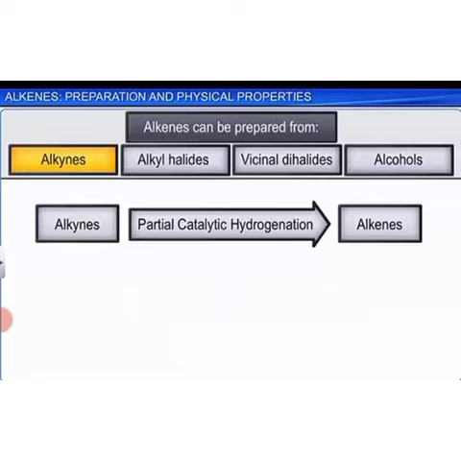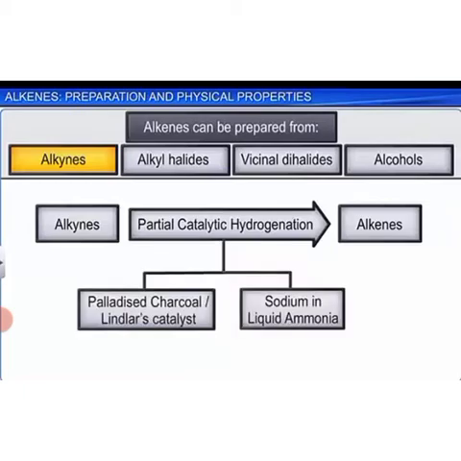There are 2 catalysts that are commonly used. One is palladised charcoal, which is partially deactivated using compounds like barium sulfate or quinoline. It is also known as Lindlar's catalyst. The other catalyst is sodium in liquid ammonia.